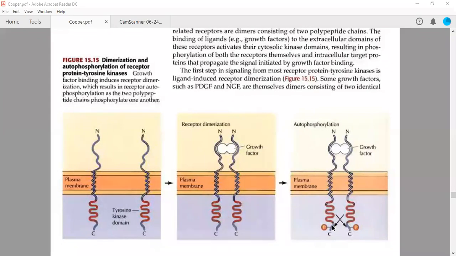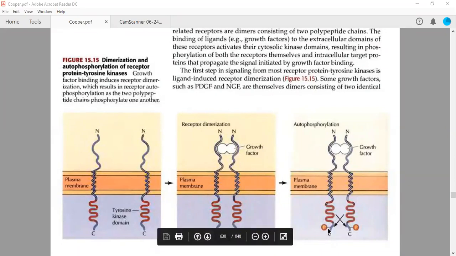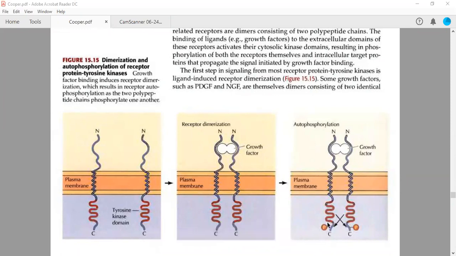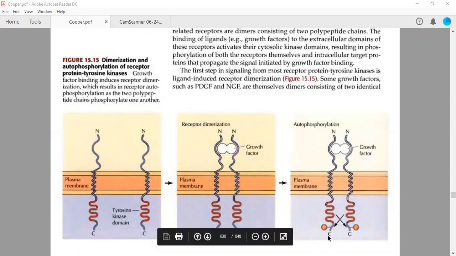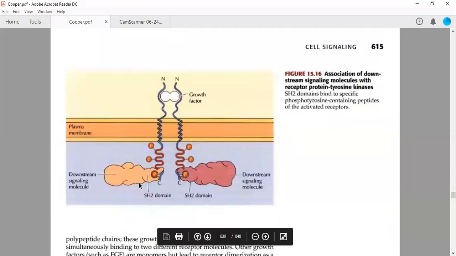Tyrosine residues, specifically in the extra-catalytic domain, so that certain proteins can come and bind to these phosphotyrosine residues. Now the question is, which proteins will bind to this phosphotyrosine residue? This has been repeated several times: only those proteins which have SH2 domains will come and bind to these phosphotyrosine residues, as shown in the next diagram.